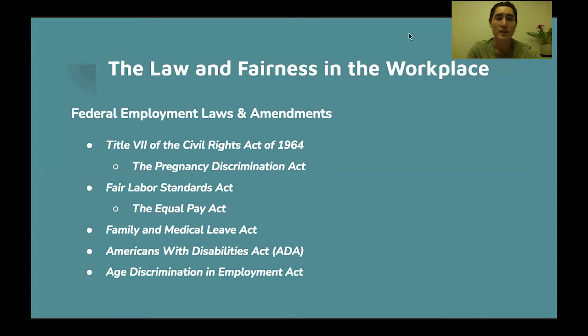The Age Discrimination in Employment Act prevents employers from giving preferential treatment to younger workers to the detriment of older workers. This only applies to workers 40 years of age and older, and to workplaces with 20 or more employees. It doesn't, however, prevent an employer from favoring older employees over younger employees.